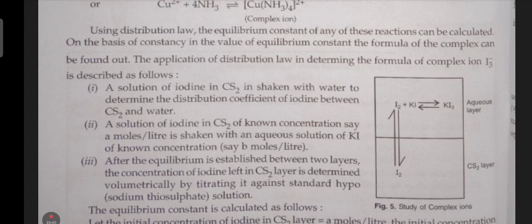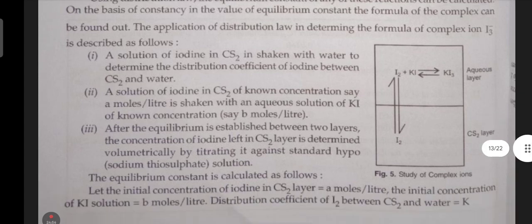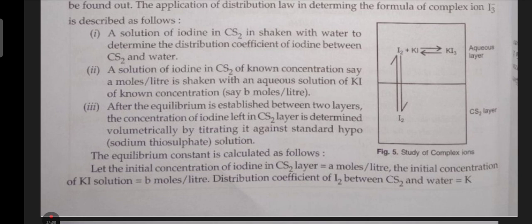After the equilibrium is established between the two layers, the concentration of iodine left in the CS2 layer is determined volumetrically by titrating it against standard sodium thiosulfate solution. The equilibrium constant can be calculated as follows.